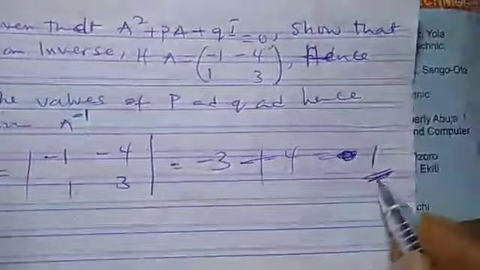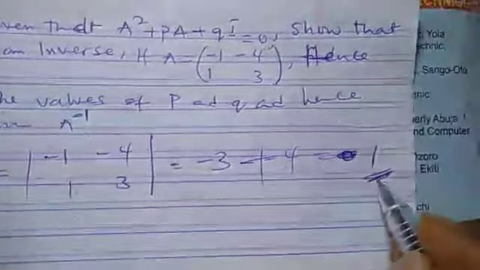Now let's take a theorem. The theorem is called the Cayley-Hamilton theorem. The theorem says that every square matrix satisfies its characteristic equation. This is the characteristic equation here.